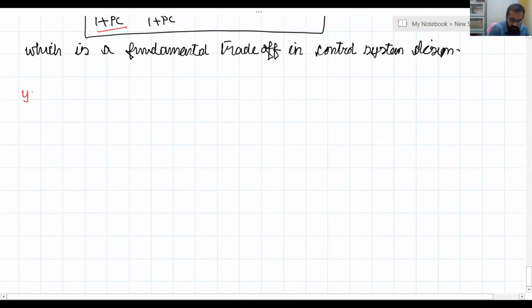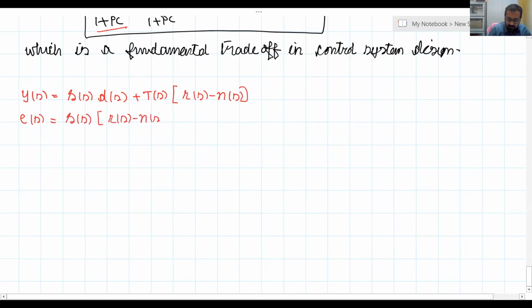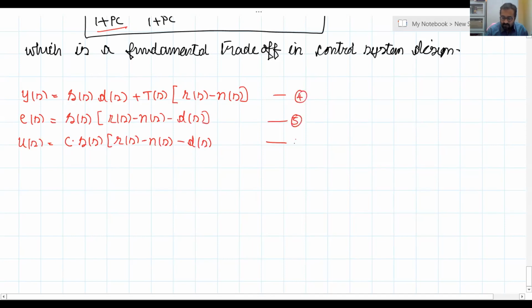Y of S is nothing but sensitivity into D of S plus complementary sensitivity into R of S minus N of S. Then the error signal E of S is again the sensitivity function into R of S minus N of S minus D of S. And the control signal U of S is the controller transfer function C into sensitivity S of S into R of S minus N of S minus D of S. Let me mark this as 4, this is 5 and this is 6.